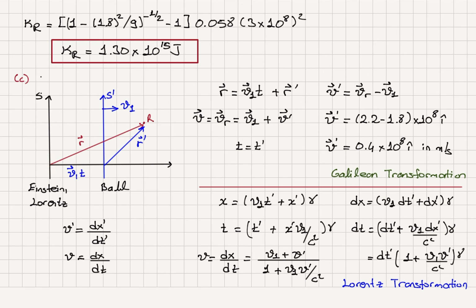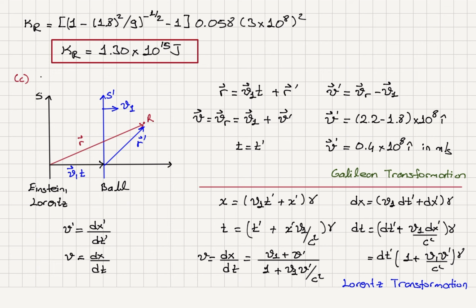So basically I have these two vectors adding up. And if I take a derivative of this, I get V, the velocity measured by the S reference frame, is V1, the velocity of the ball reference frame with respect to the S reference frame, plus V prime, the velocity measured by the primed reference frame. So V prime is VR minus V1.